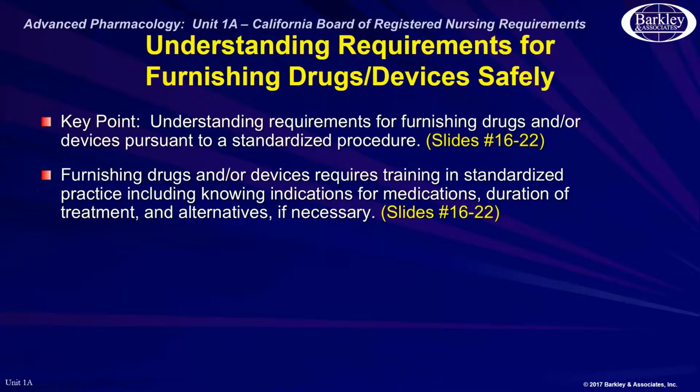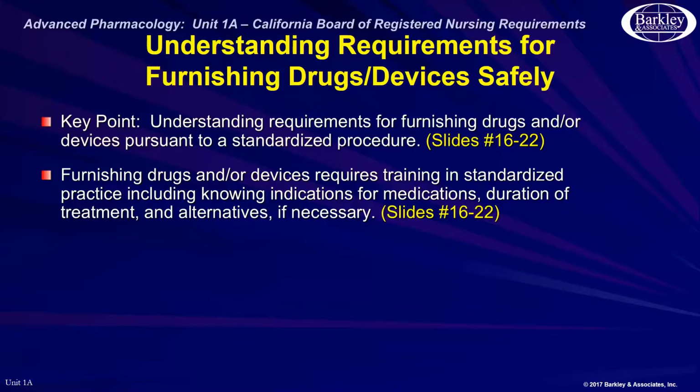So the next key point is key point 3, and key point 3 states understanding requirements for furnishing drugs and/or devices pursuant to a standardized procedure. This is the next key point required by the California Board of Nursing, and this was already described relative to standardized procedures in slides 16 through 22.